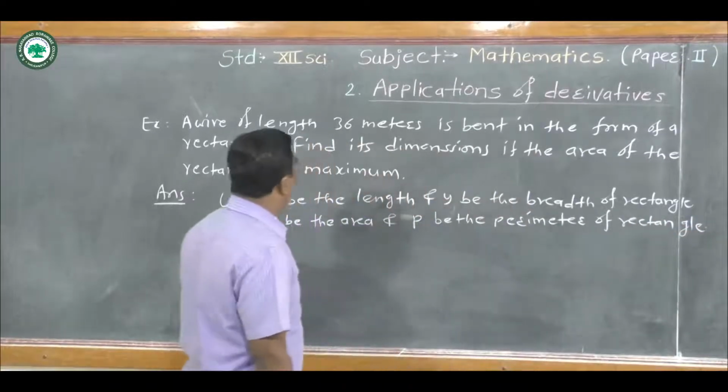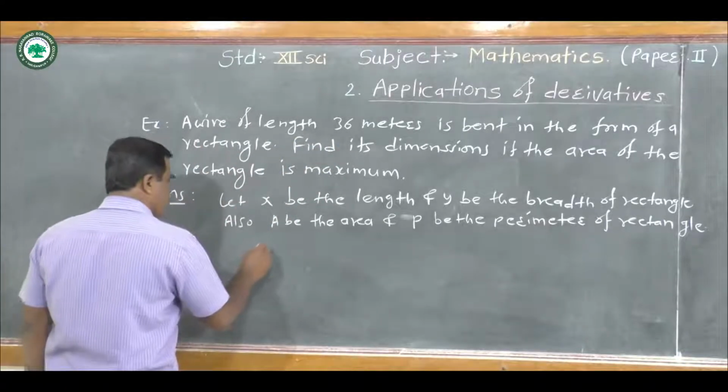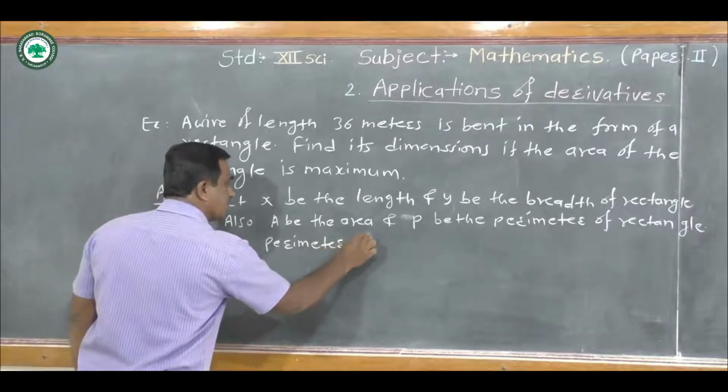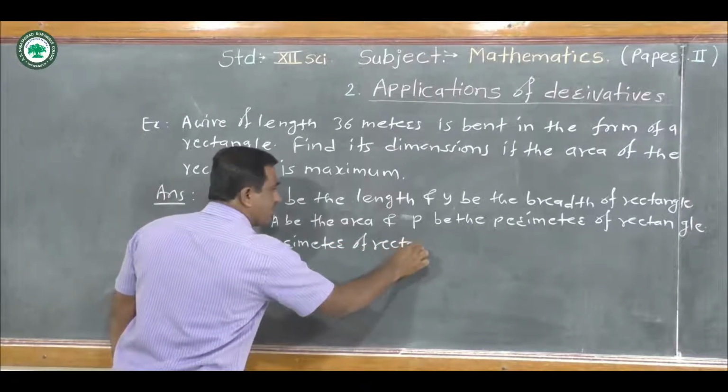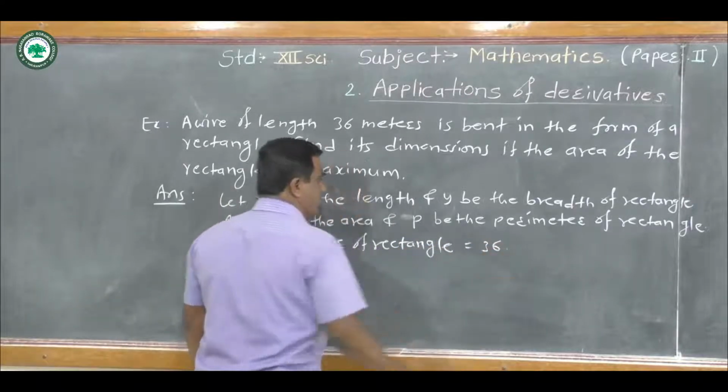Now we are given that the perimeter of the rectangle is equal to 36 meters.